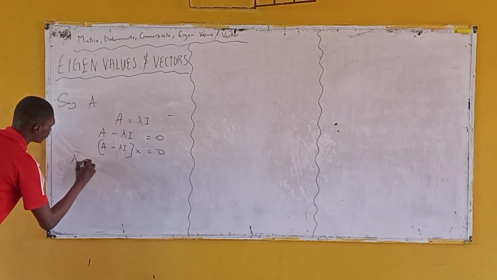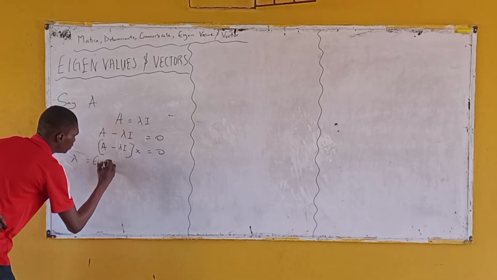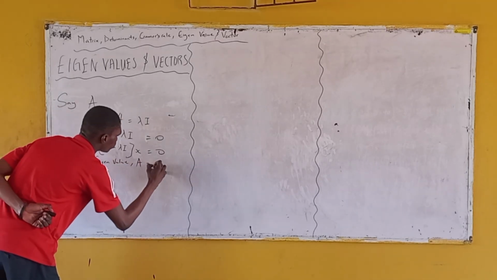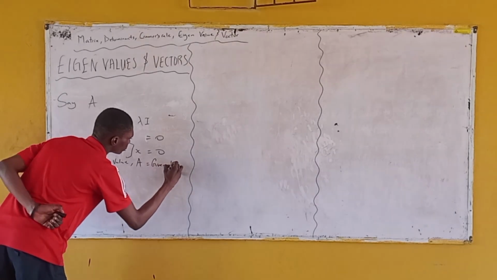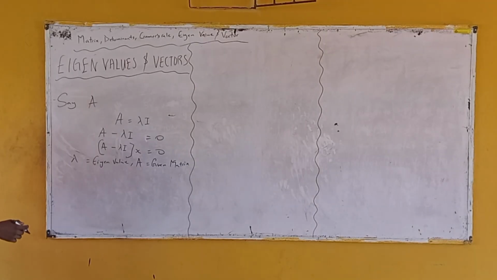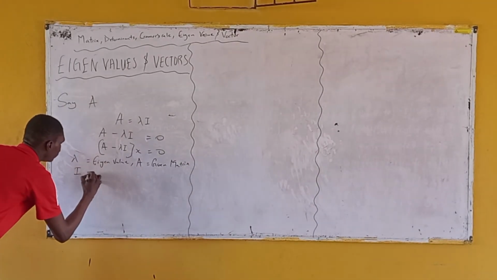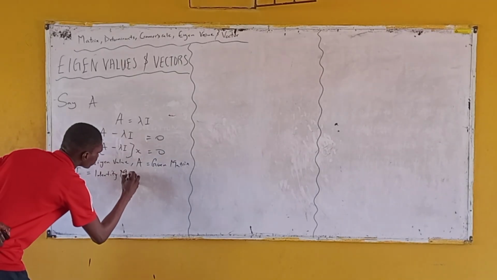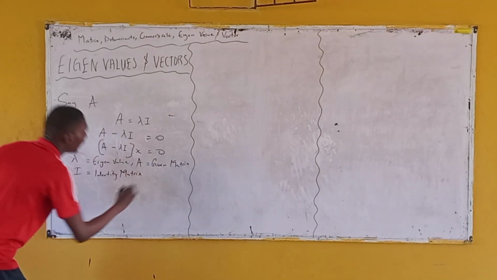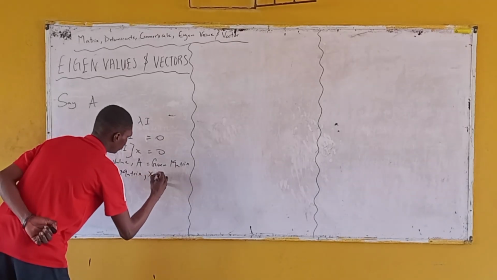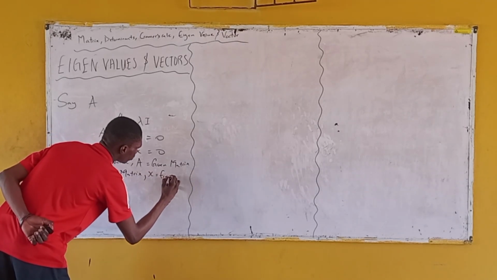Say lambda is our eigenvalue, A is the given matrix, I is the identity matrix, and X is your eigenvector.